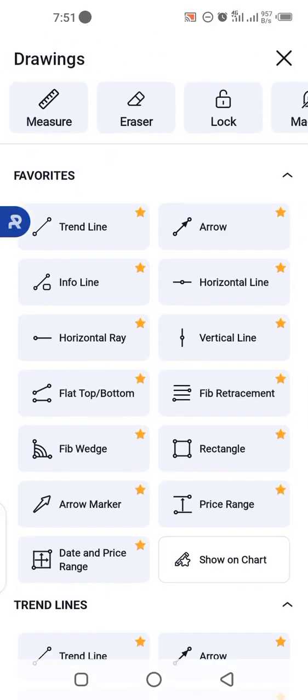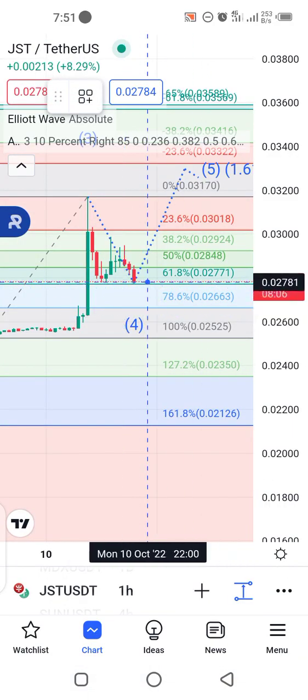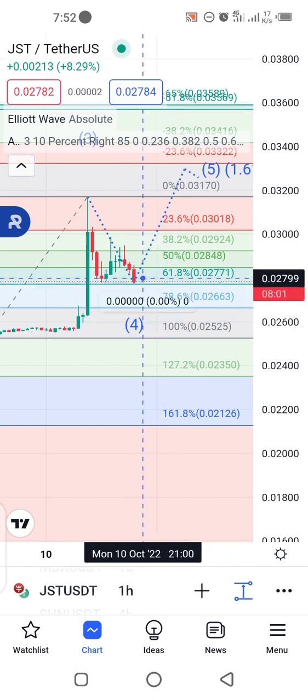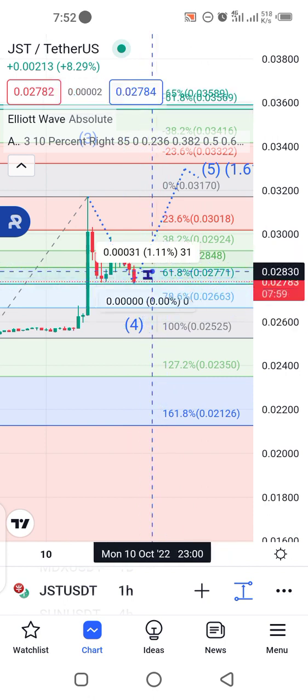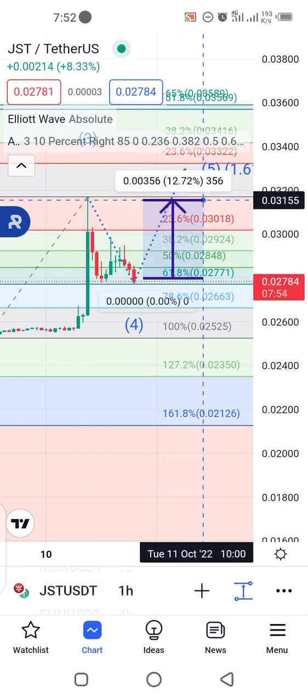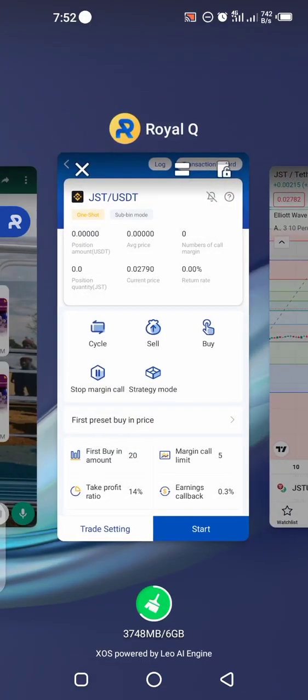You measure from this line, from your entry price, and you say okay, up to the zero line here, and you will now be sure of your 10% take profit. Some of you fear too much take profit, but if you are using our martingale strategy, you'll basically take your profit comfortably and just remain patient.